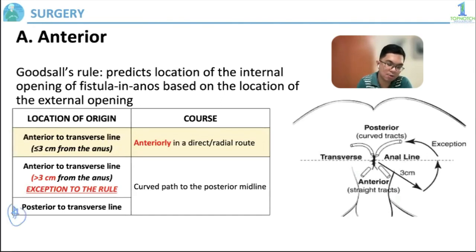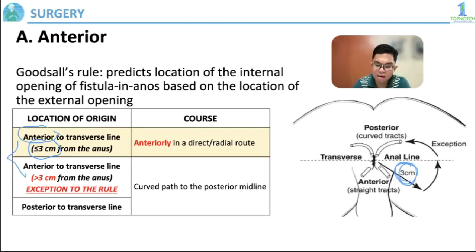Kasi pag posterior yung external opening to the transverse line, no? Transverse line across the anus, it will always go curved back to the posterior midline. Okay? Now, yung change na natin is yung dalawang anterior. So if it's anterior but malapit sa anal opening, less than or equal to 3 centimeters, it will course directly, no? So parang galing sa labas, diretso lang yung linya niya to the interior.